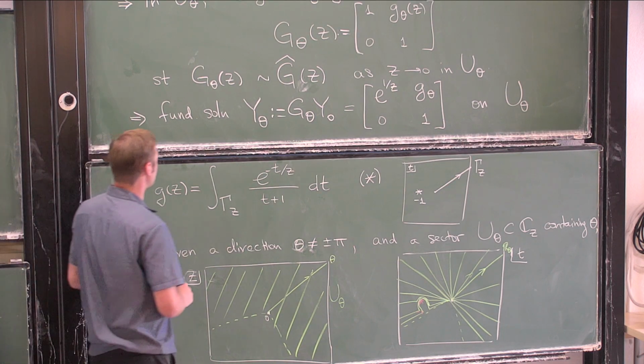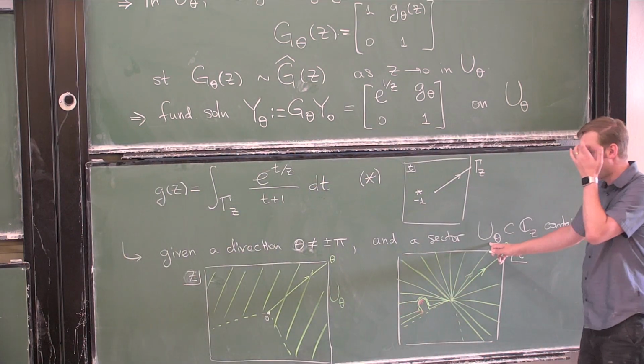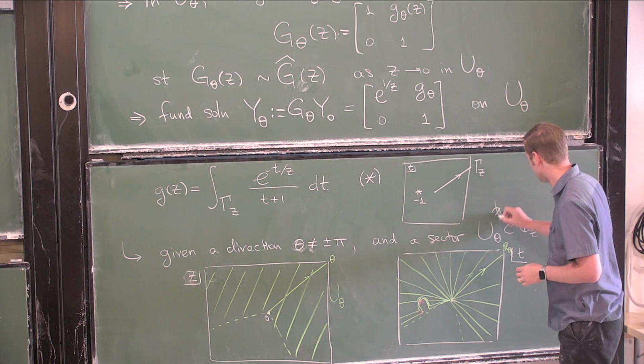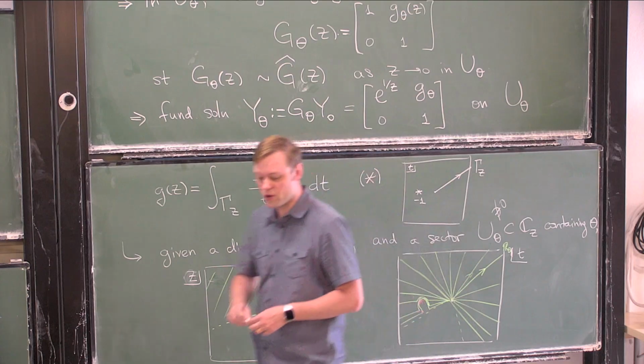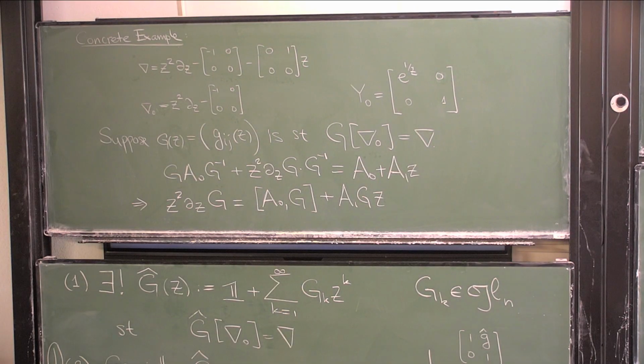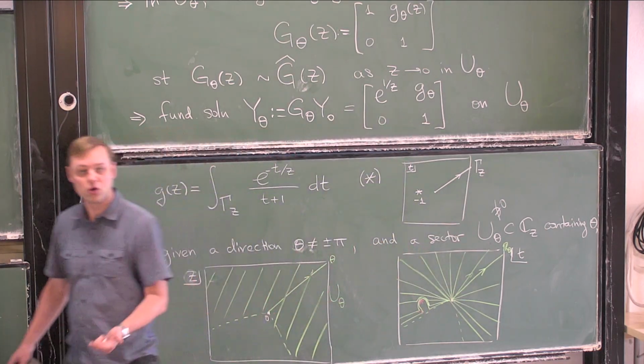Yes, exactly. What about the origin? So this sector U theta, it's an open sector. It does not contain the origin. Remember we were talking about this infinitesimal disk? So U theta is not a neighborhood of 0.